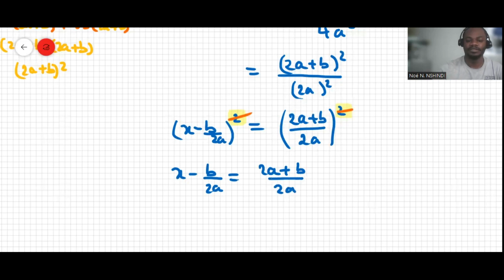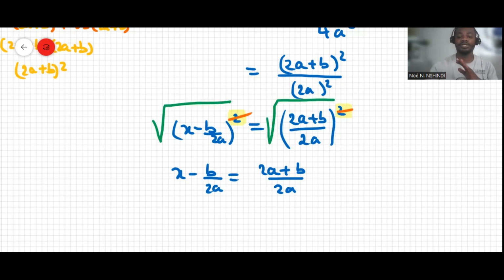So now, we need to be careful here. When I cross this, it's because we square root here, we square root there. When we simplify like that within the equation, the answer is always plus minus.